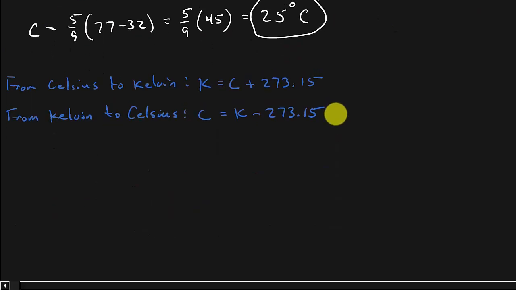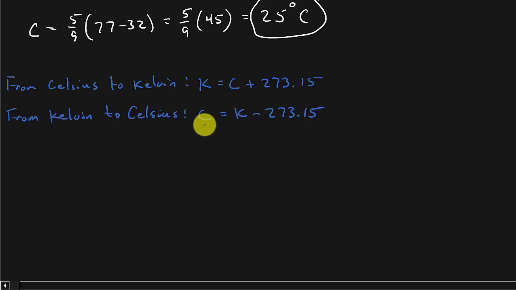All right. And then this one, this is the Kelvin. Now, I'm not going to work one of these. To go from Celsius to Kelvin, you just add 273.15 to the Celsius degree. And then to go from Kelvin to Celsius, you just subtract 273.15 from Kelvin, and that gives you Celsius.